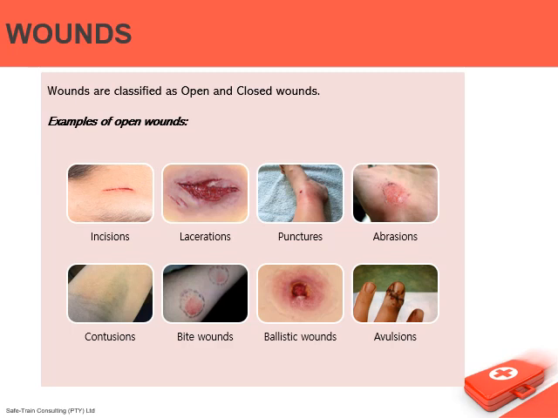At times, however, it may be difficult for the first aider to decide whether a wound needs medical care. The first aider may ask the question: does this wound need suturing by a medical practitioner?